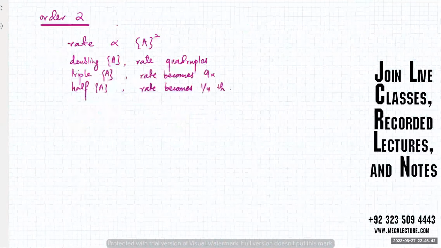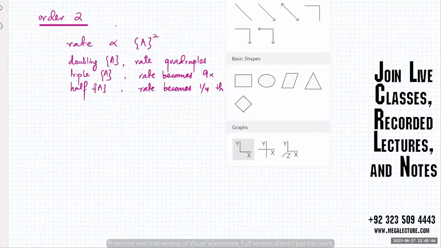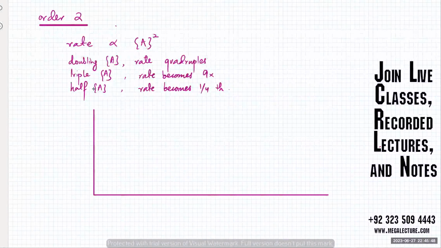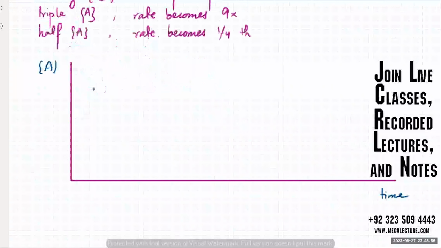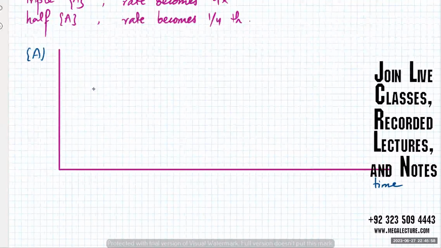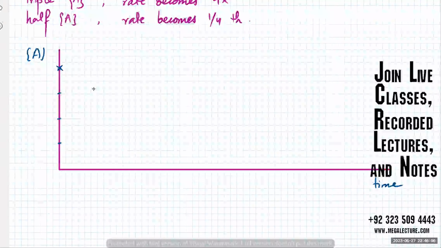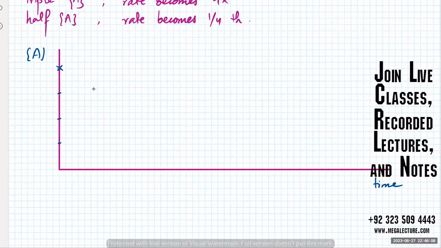Yep. We'll do the graph quickly. What would the graph look like? If I plot A's concentration with respect to time, the only difference is, let me just count them. This is 4. I think it's the starting concentration. It's going to slow down as A decreases.